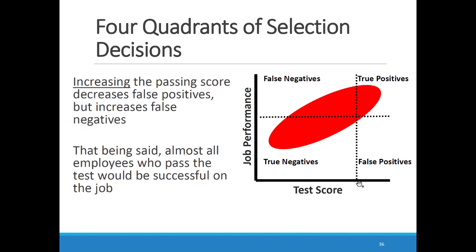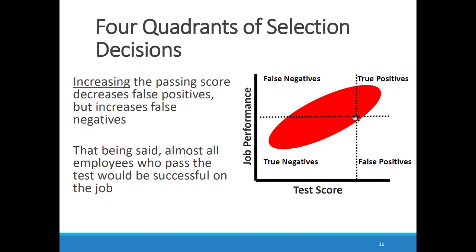Well, you can see here, based on the graph, that the number of false negatives goes up a lot. These are people who would have done well on the job. You can see that their job performance is on the higher end of the y-axis, but they were not selected for the job. So in this case, we're missing out on people who would have done well in the job.